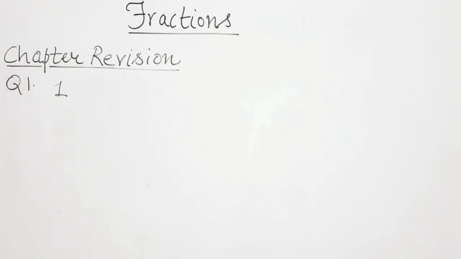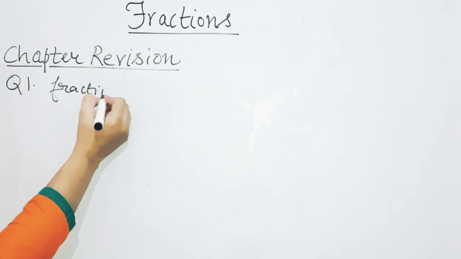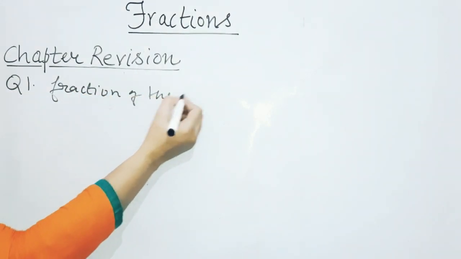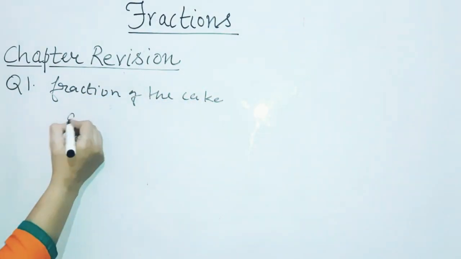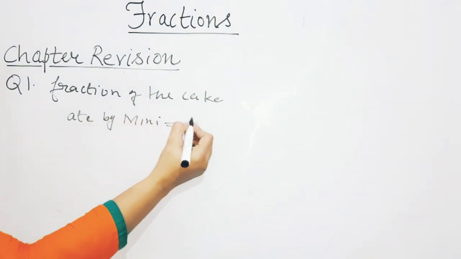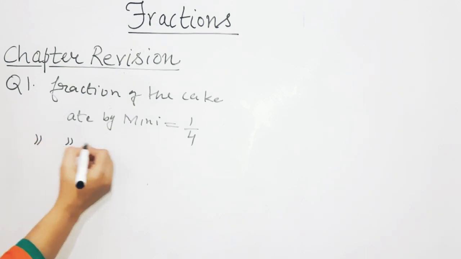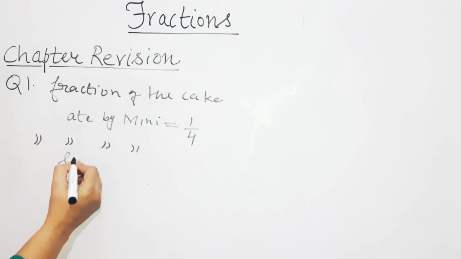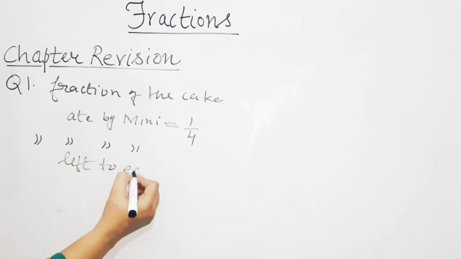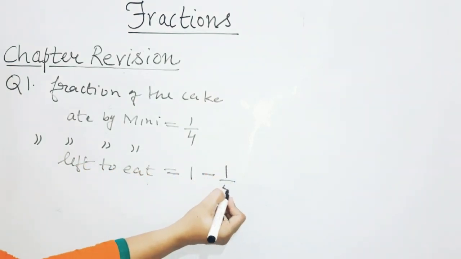So the first statement will be: fraction of the cake ate by Minnie is 1/4. Now the next statement would be: fraction of the cake left to eat is equal to total, which is 1, so 1 minus 1/4.